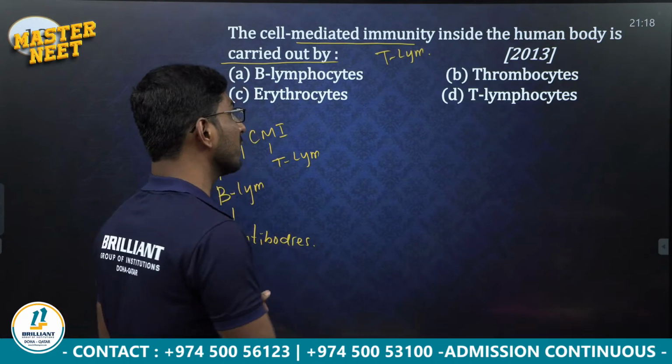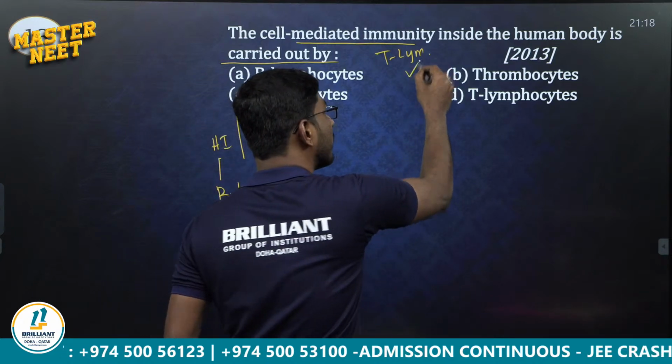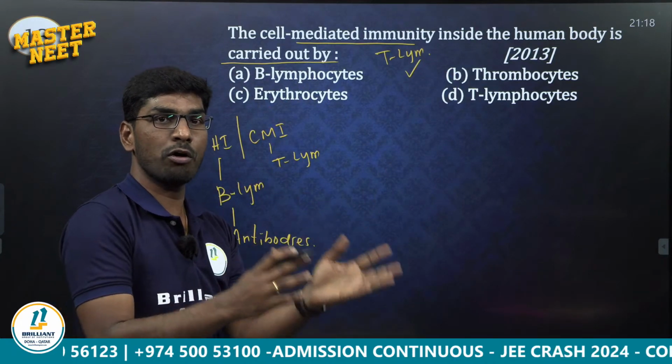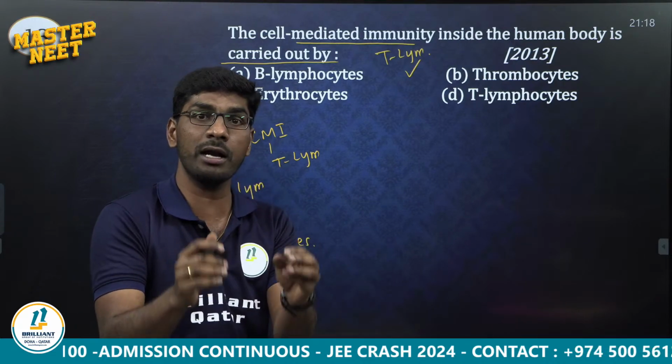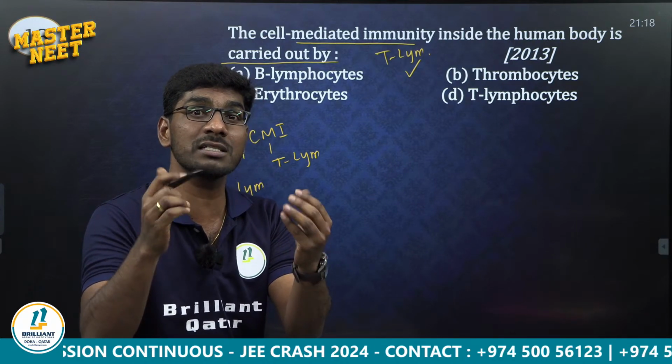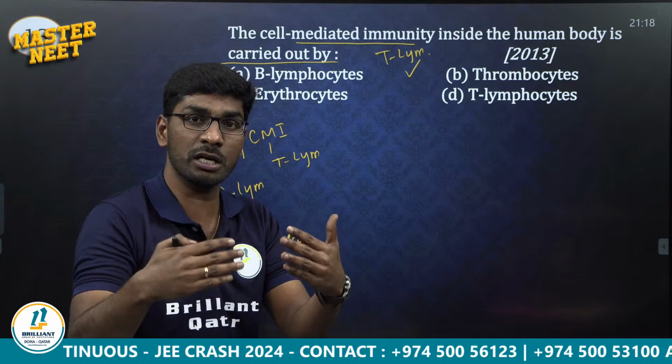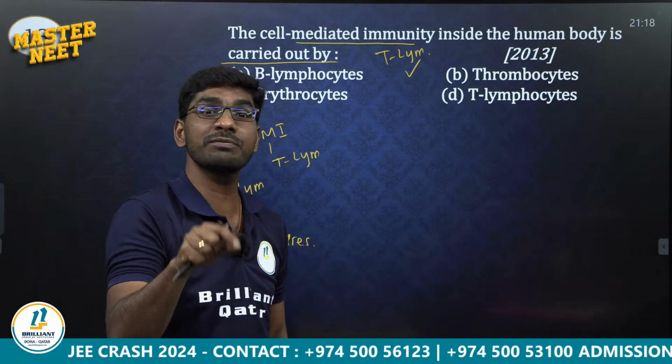And one more important thing, in graft rejection also T lymphocyte cells participate. When organ transplantation, when one person to other person, when organ is transplanted, these T lymphocyte cells start participating in graft rejection. To suppress these lymphocytes, we are giving something.